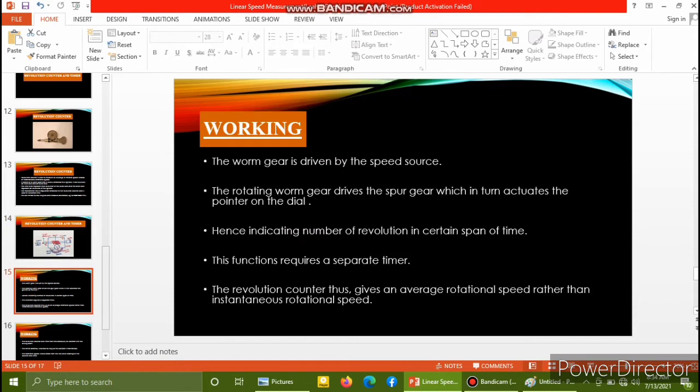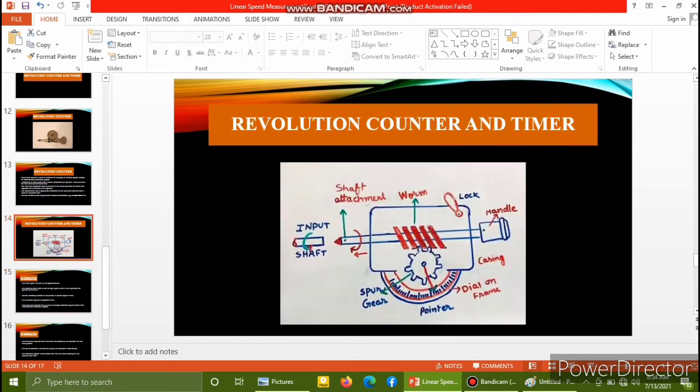So the rotating worm gear drives the spur gear, which in turn actuates the pointers on the dial. Once it rotates, the pointers give an accurate speed reading on the dial frame.